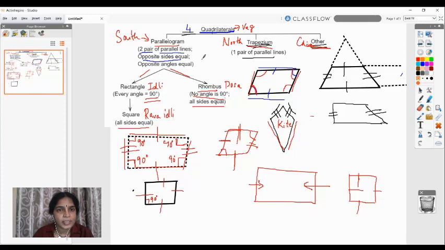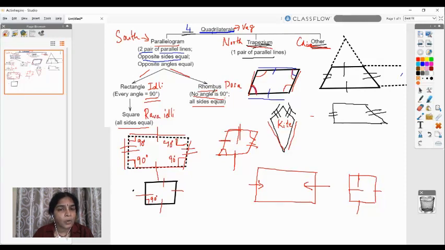Among the quadrilaterals, if you have two pairs of parallel lines, you get a parallelogram. If you get only one pair of parallel lines, you get a trapezium. If none of the lines are parallel, you get some other figure like a kite. Now, among the parallelograms, you get a rectangle when all the angles inside a parallelogram are 90 degrees.